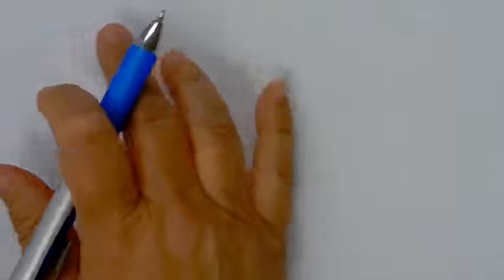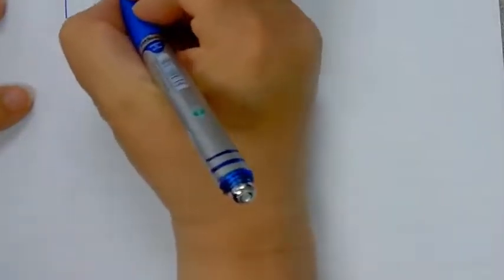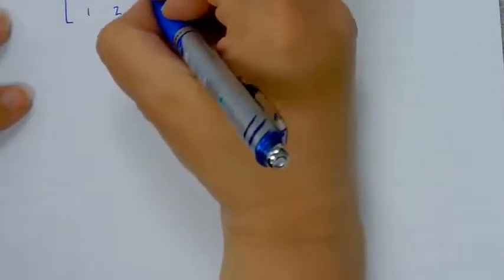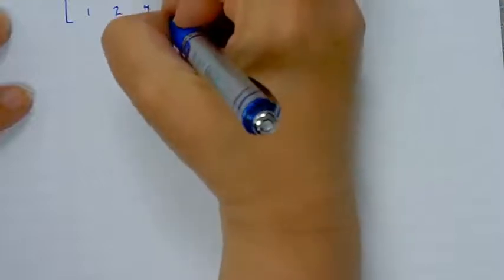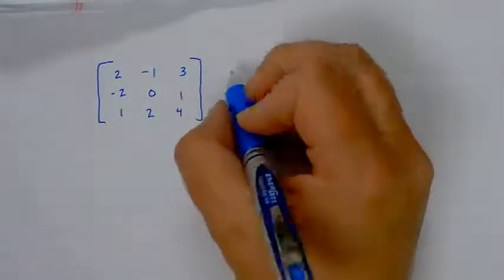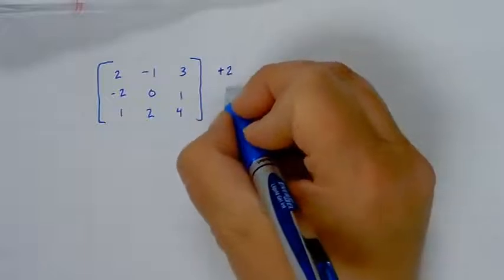So let's actually put some numbers in here and try one of these. Let's do a 3 by 3 and see if we can find the determinant. In order to find the determinant of a 3 by 3, we're going to have to extend the rows. Oops, that was a positive 2.